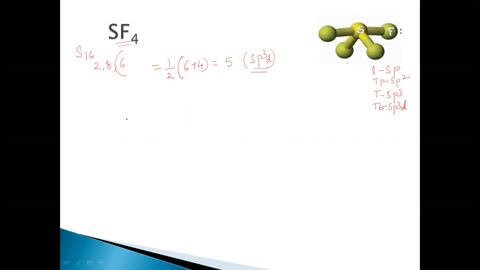So since it is 5, what we expect here is trigonal bipyramidal. But out of these 5, 4 are bond pairs and 1 is a lone pair. So the question arises where this lone pair has to be placed. That is why I discussed the equatorial bonds and axial bonds here.